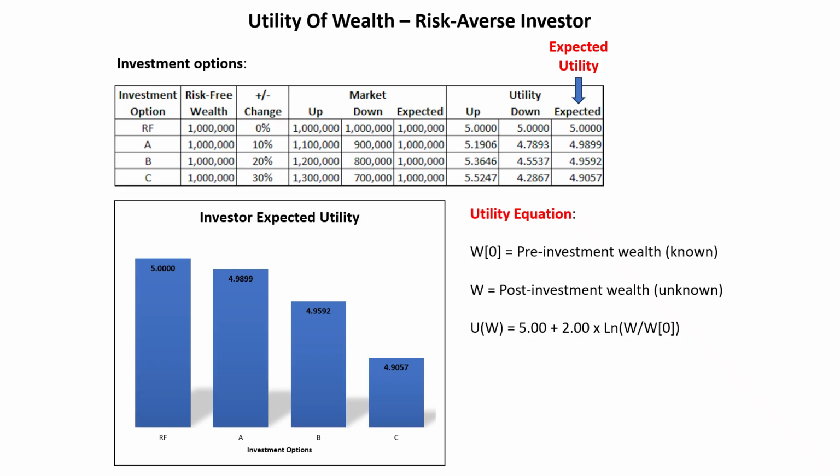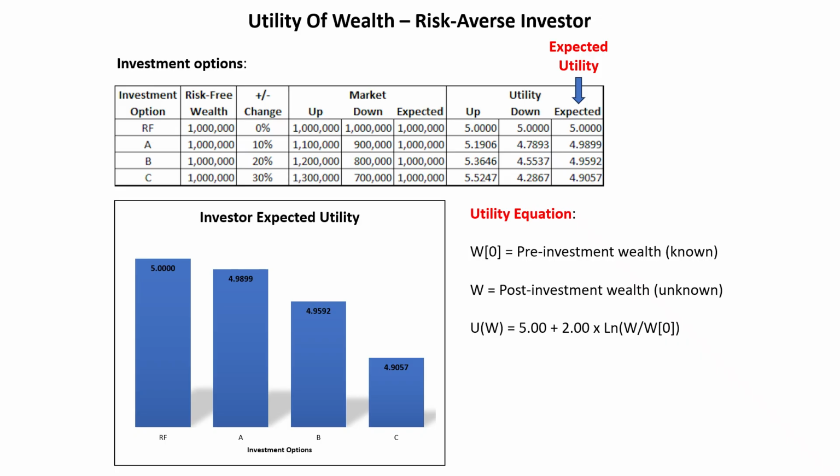And then in that last column, we have the expected utility. If you look at the bar graph below, those are the expected utilities graphed out. For our risk-free investment, we have an expected utility of 5. For investment option A, our expected utility is 4.9899, which is a little less.